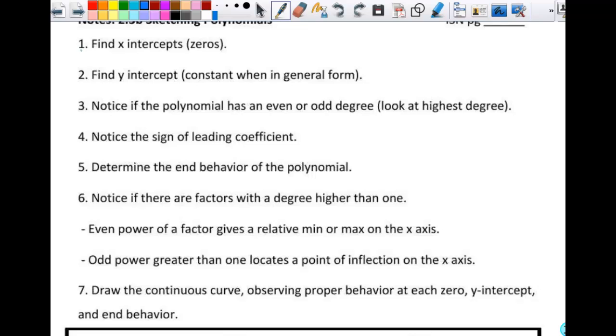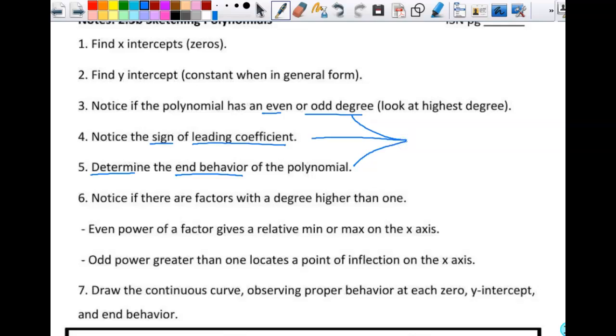So then 3 says, notice if the polynomial has an even or odd degree, right? What is the degree, even or odd? 3, 4, and 5 kind of all go together. In 4 we need to notice the sign of the leading coefficient. And then with that we determine the end behavior of the polynomial. So again, all 3 of these kind of go together here.